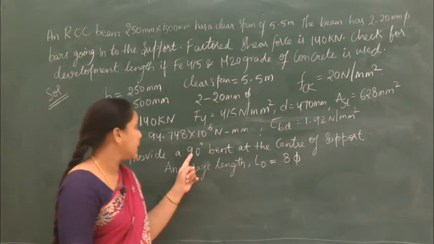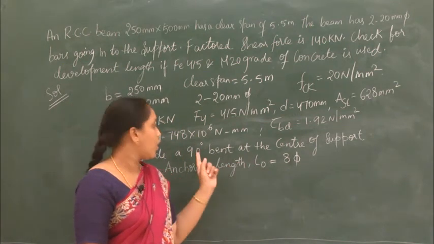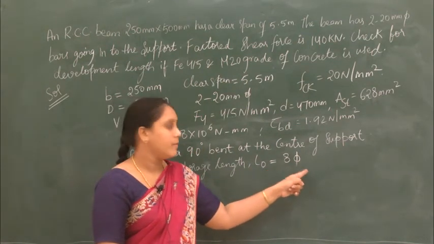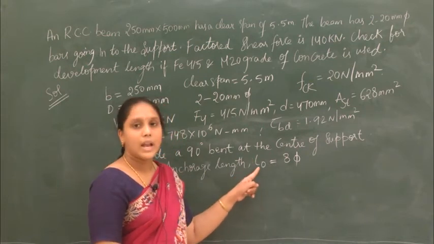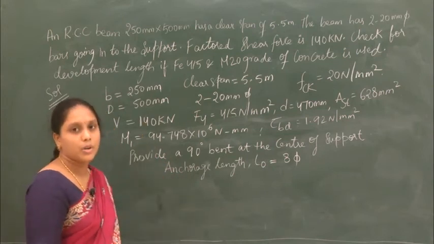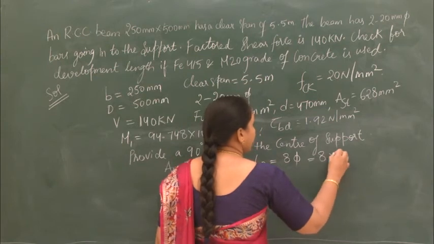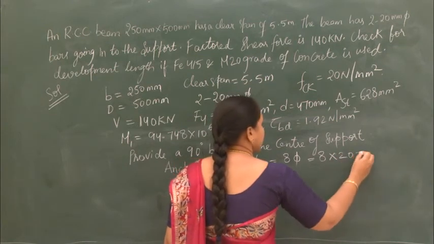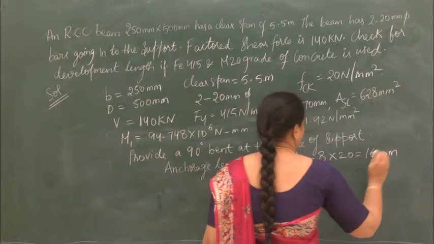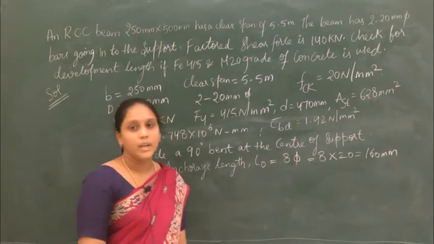So as here it is a 90-degree bend, it is 4 into 2, because for 45 degrees it is 4 phi, for 90 degrees it will be 8 phi. Phi is nothing but the diameter of the bar. So 8 into 20 gives you 160 mm. So here our anchorage length is going to be 160 mm.